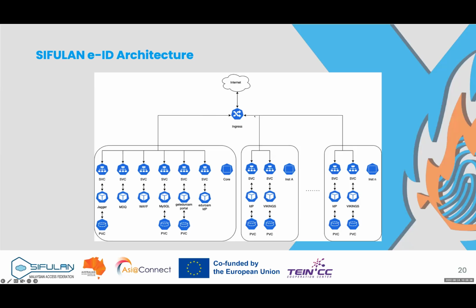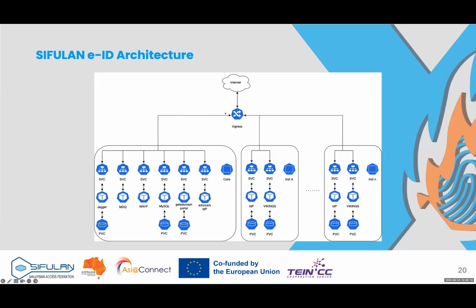And how many public IPs will be required? For example, if there are multiple IDPs, every institution will have the same IP. How will they manage their public DNS entries?